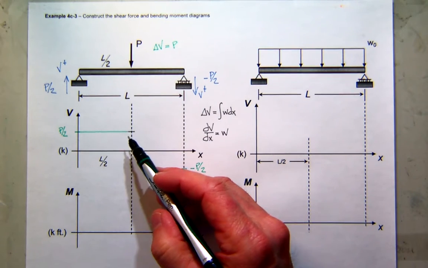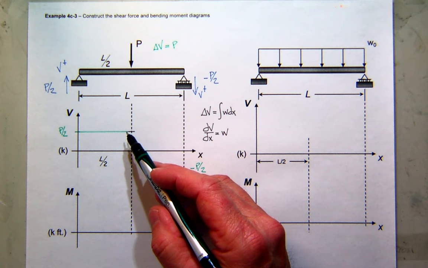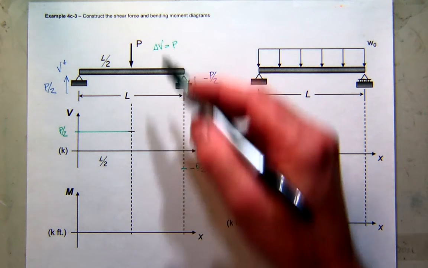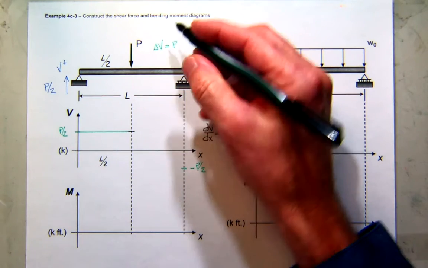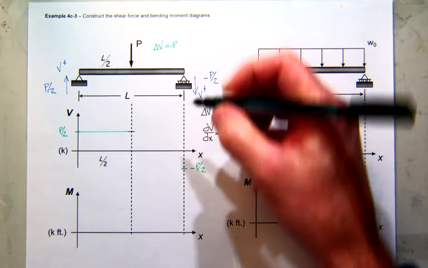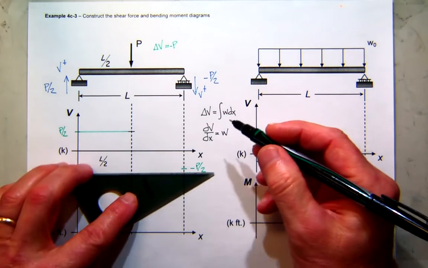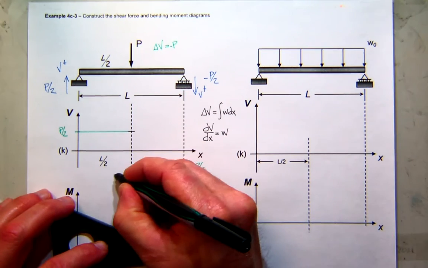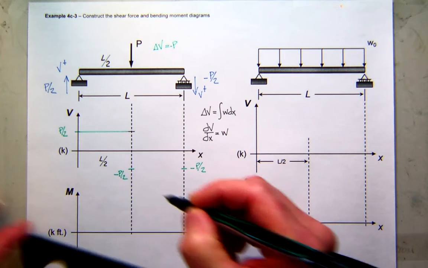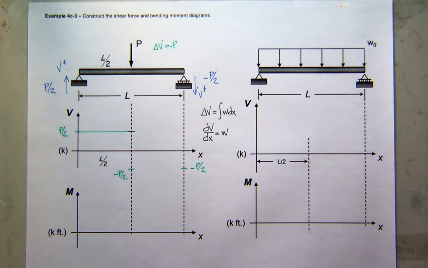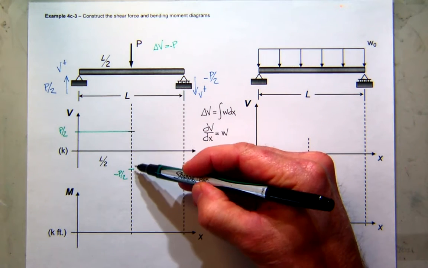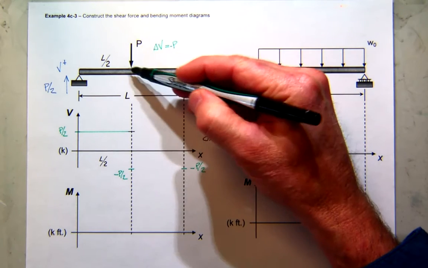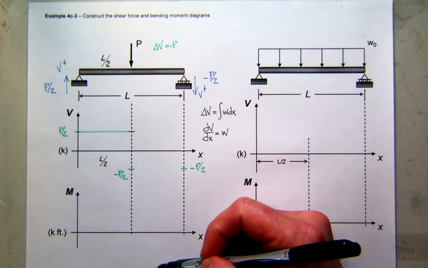So as I go from the left side, where the shear is positive P over 2, to the right side, I have a change of what? Negative P. So I go from P over 2 to minus P over 2. And that change is exactly equal to the applied load.